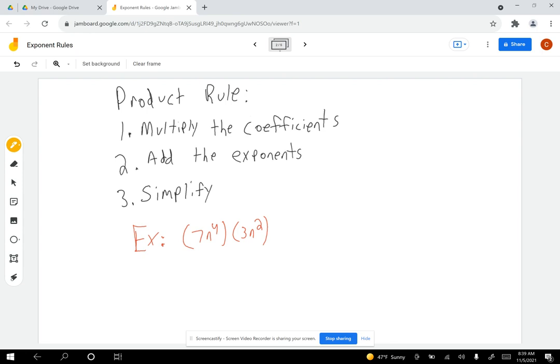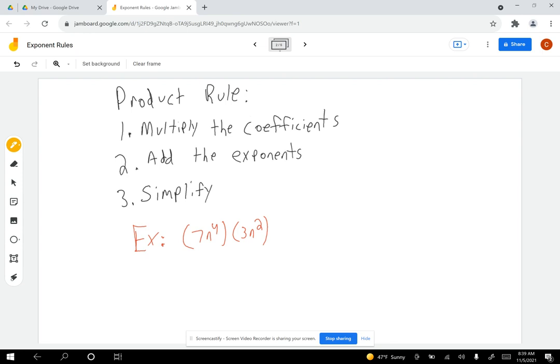Now keep in mind, you can only add exponents of the same base. So because both the 7 has an n and the 3 has an n, the exponents 4 and 2 can be added because they both are for n. If this was m and this was n, we couldn't do that.